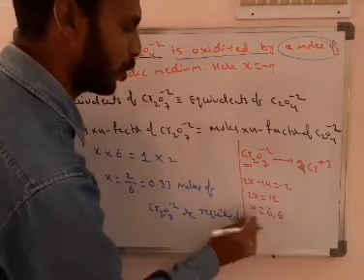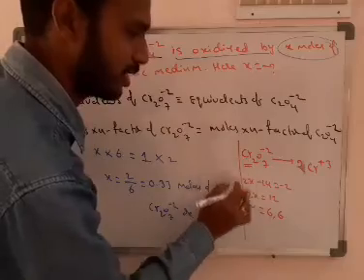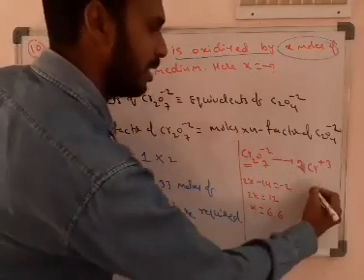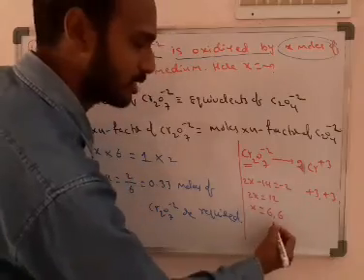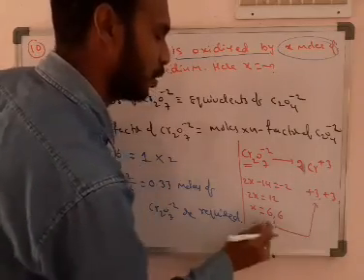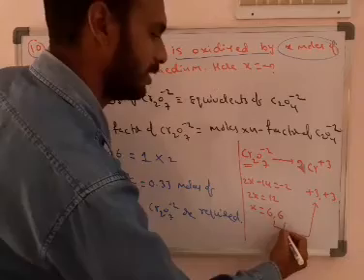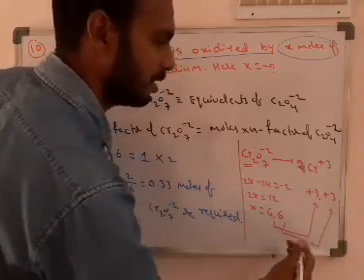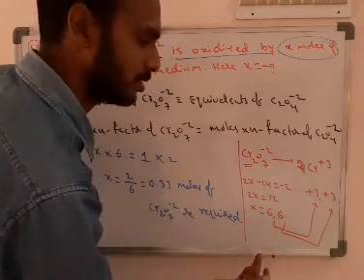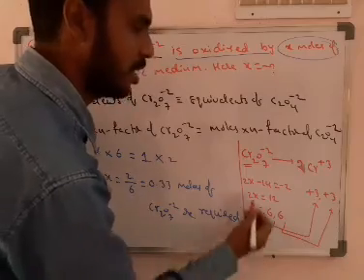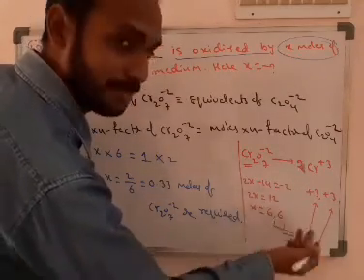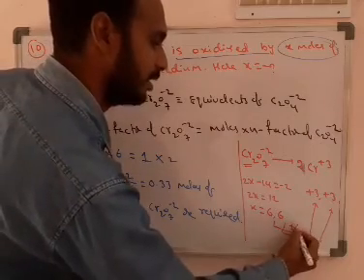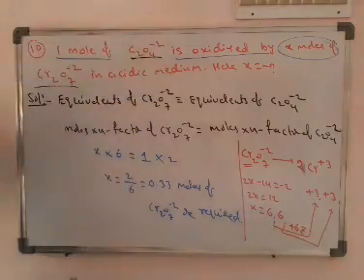It means the two chromiums are in plus 6 oxidation state. Here the two chromiums go to plus 3. So one chromium plus 6 becomes plus 3, the other chromium plus 6 also becomes plus 3. Total change is 6 electrons gained.